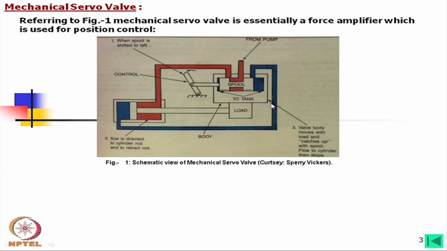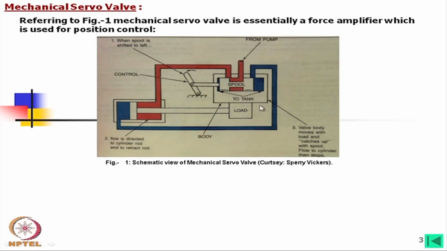Of course, there is the drain passage, which is not shown. Now, if we give a little movement in the leftward direction, this will open. Once this opens, the oil will go to this portion and this load will move.